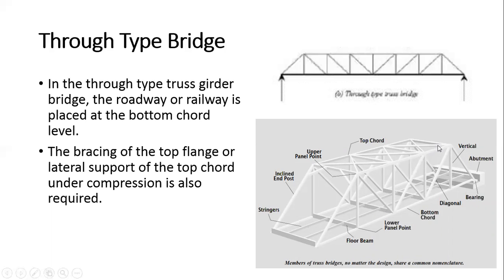So we have to provide some mechanism for lateral support at the top. We have to provide these cross bracings here. So this is your bracing at the top flange, or the lateral support of the top chord under compression. This is mandatory. We will discuss this sketch further in detail after a few slides.